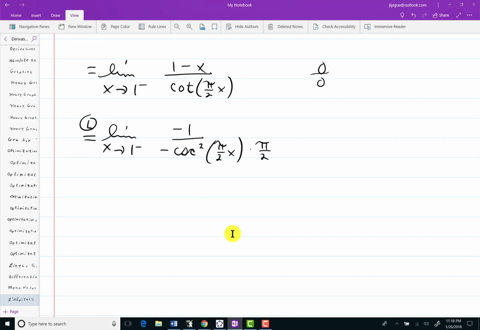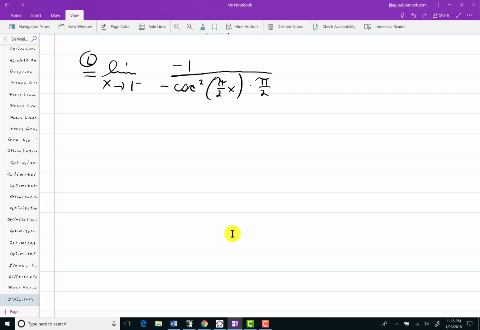All right, it might be difficult for you to see with all these things going on, negatives and things like that. I'm going to simplify this somewhat and try to write it in a form that you can see without much difficulty. First of all, these negatives can cancel. Second of all, I can rewrite cosecant squared down here as sine squared in the numerator.